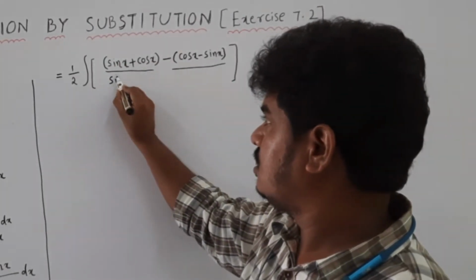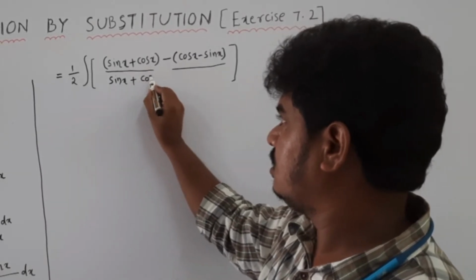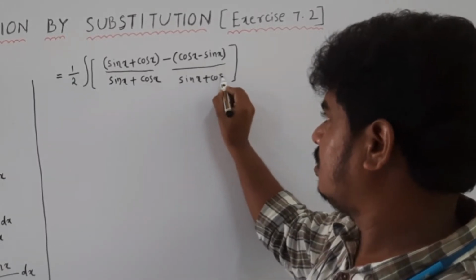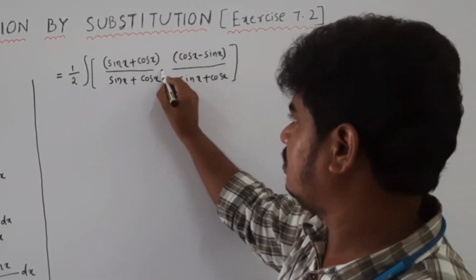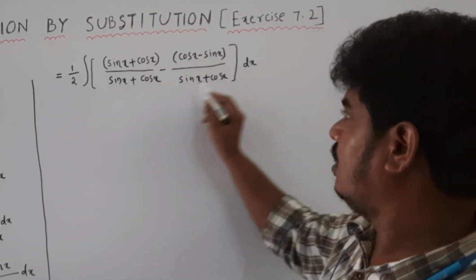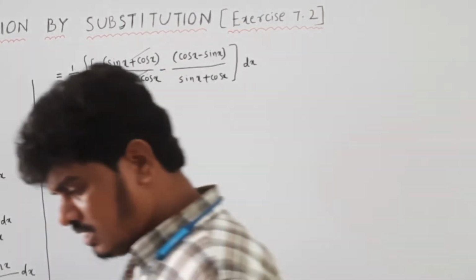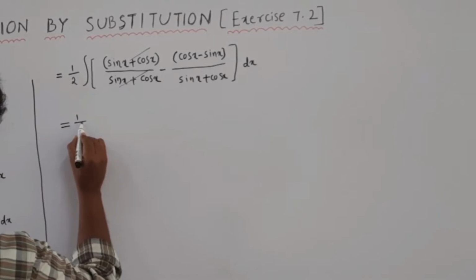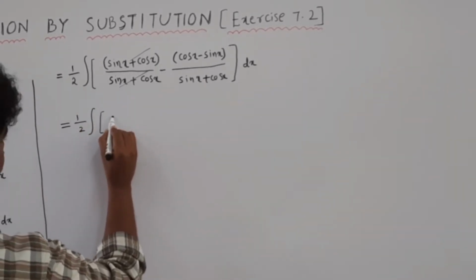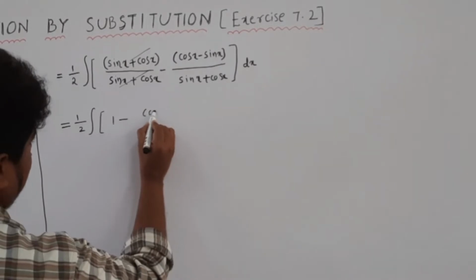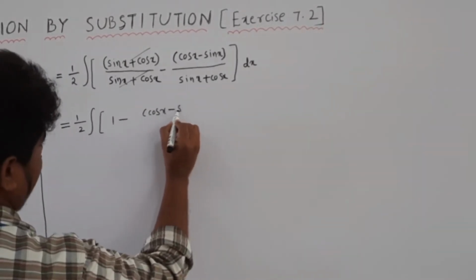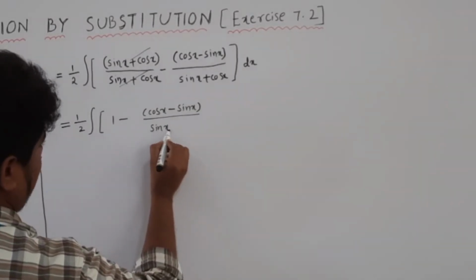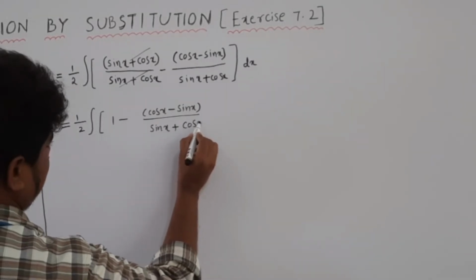So sin x plus cos x over sin x plus cos x, minus the other term. Here sin x plus cos x gets cancelled. Now this is equal to 1 by 2 into the integral of 1 minus cos x minus sin x divided by sin x plus cos x dx.